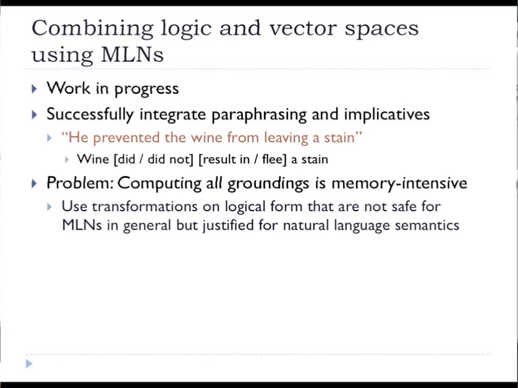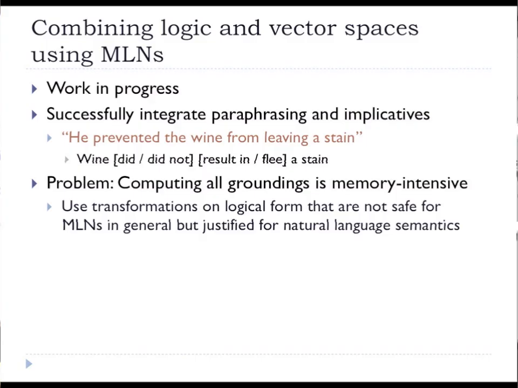We have been able to successfully integrate paraphrasing and implicatives. So if you prevent the wine from leaving a stain, then you have the question, does the wine result in a stain, or does leave here mean flee? But also, does prevent mean that it did or did not happen? And we can model the interaction of that.